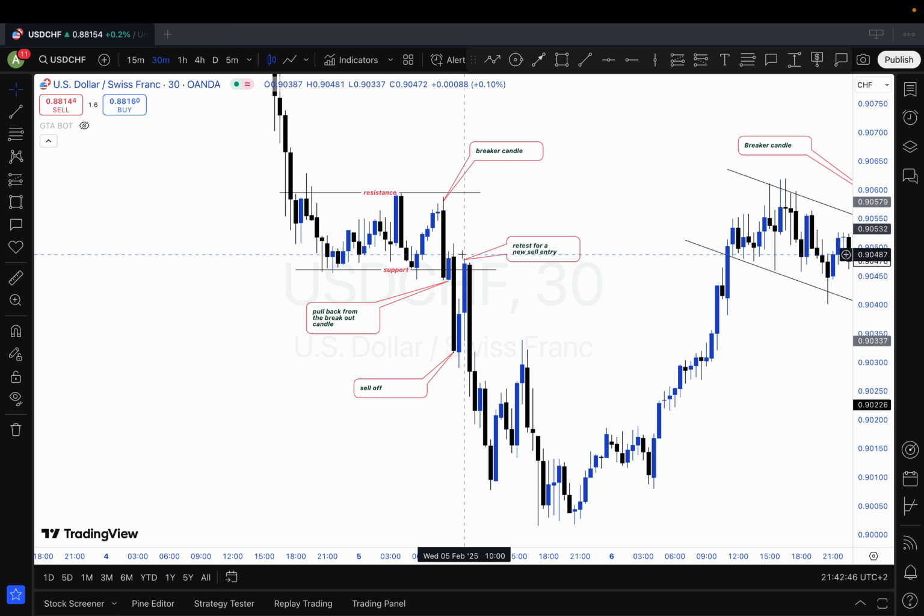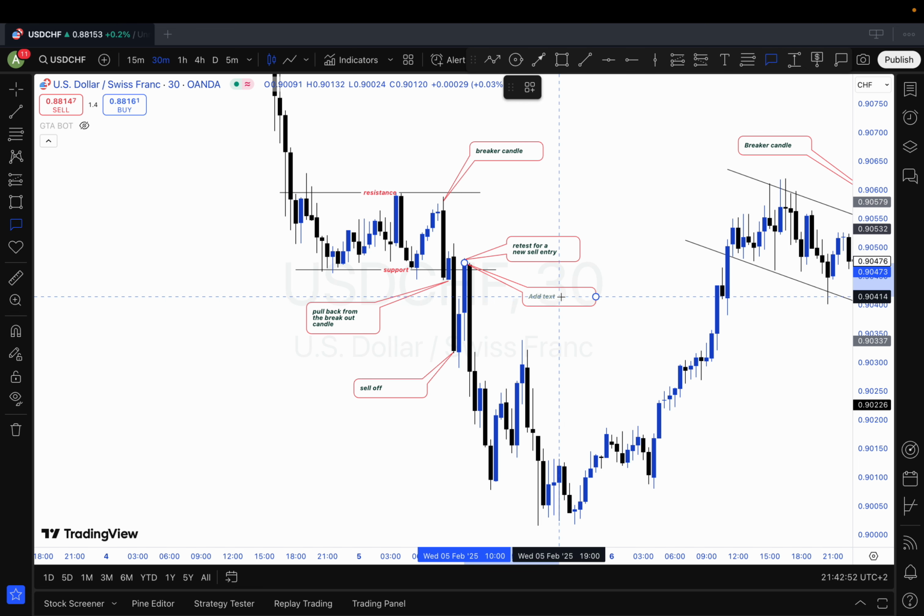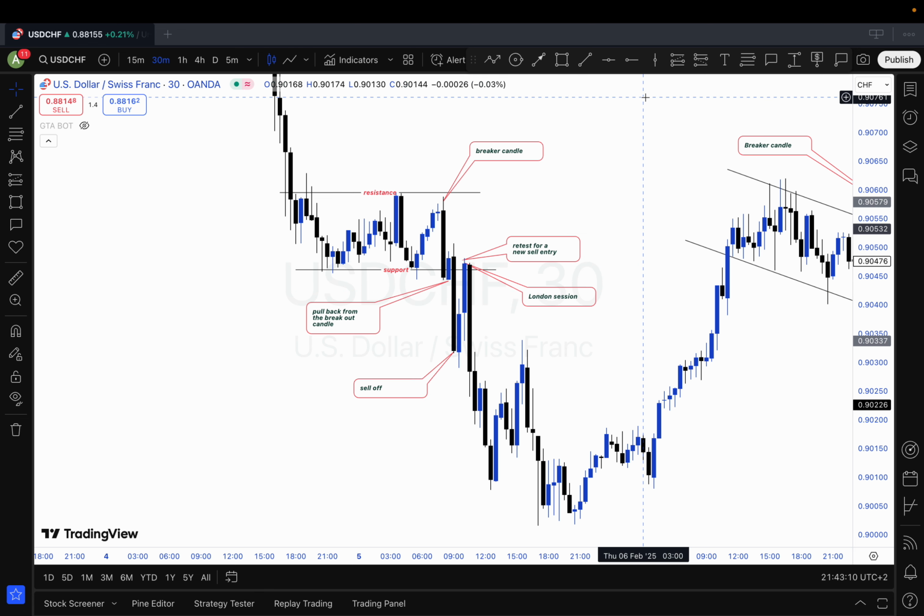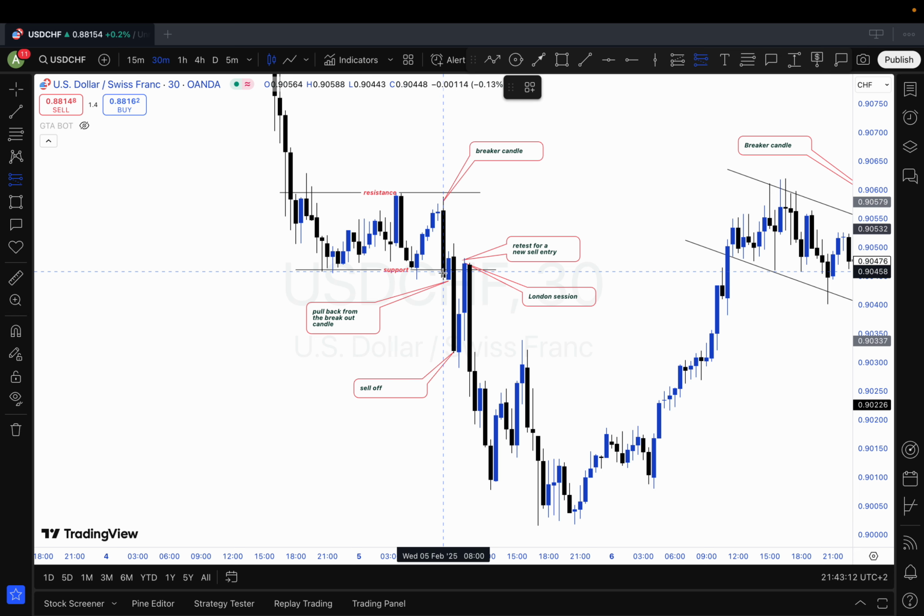So we have this to be the retest for a new sell entry, and this is approximately London section. So what happened here was that we had a sell breaking the support over here because of the pre-London section that we had. That was the cause of the sell, right? And then we have a retest, and this is a confirmation for us to go on the sell.